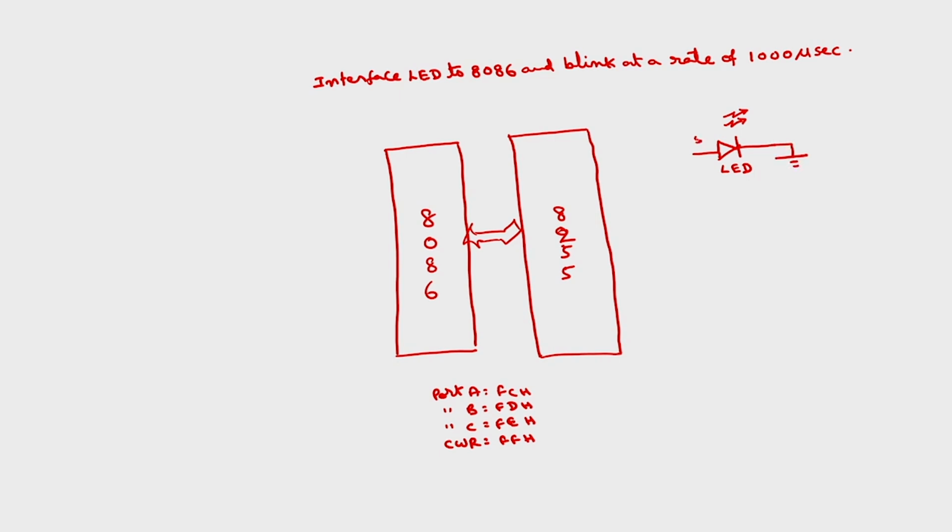If I give 5 volts here, the LED will glow. 5 volts means logic 1. If I give 5 volts or logic 1 here, the LED will glow. If I give logic 0 here, which is equal to 0 volts, the LED will be off.